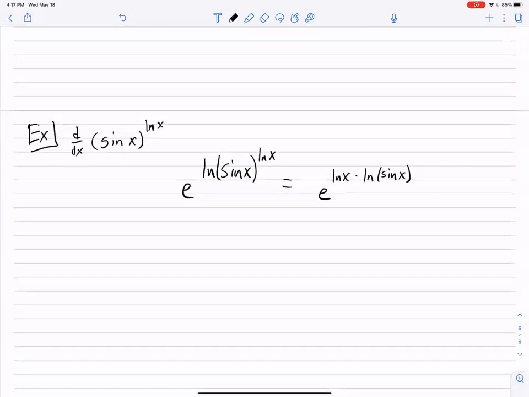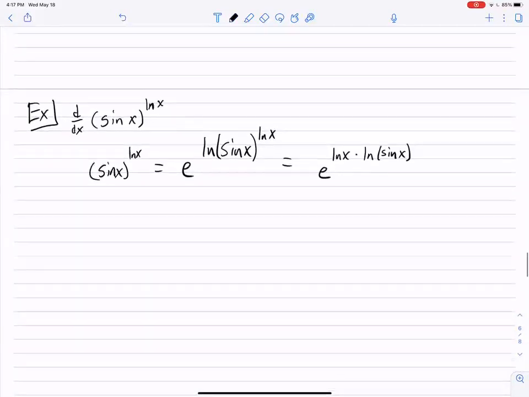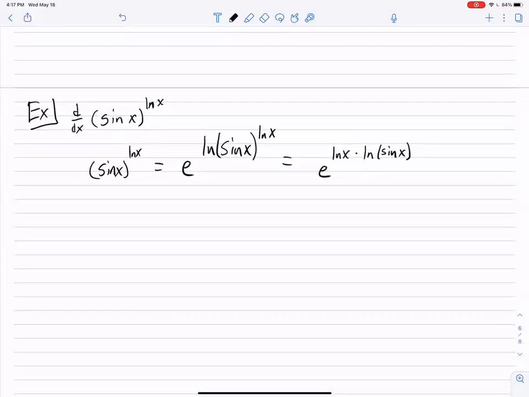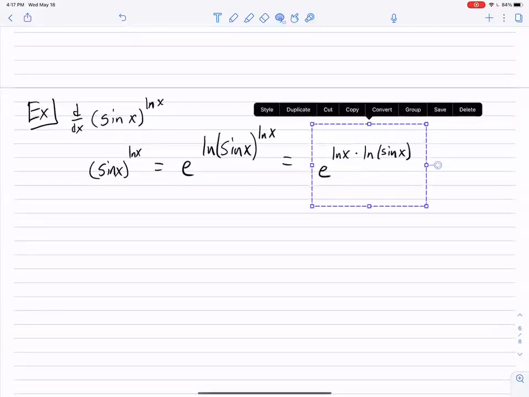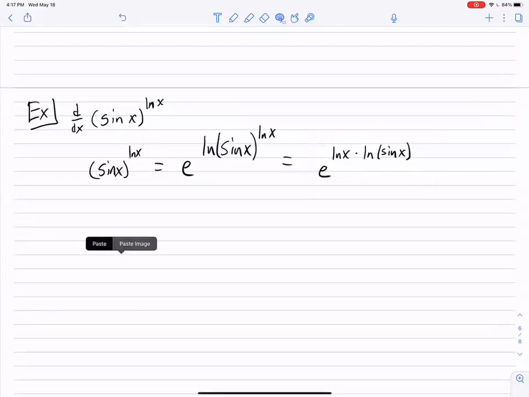Okay. And now we are ready to go. So let's take the derivative of that. So this is what sine of x to the natural log of x is. So we're going to take the derivative of this one. Let's just paste. Let's take the derivative with respect to x of that.